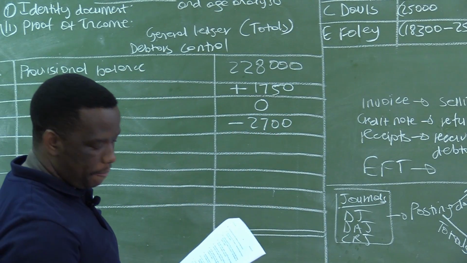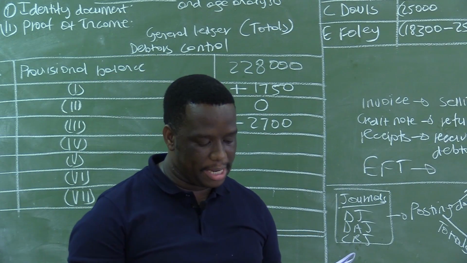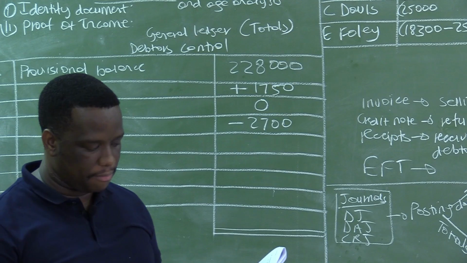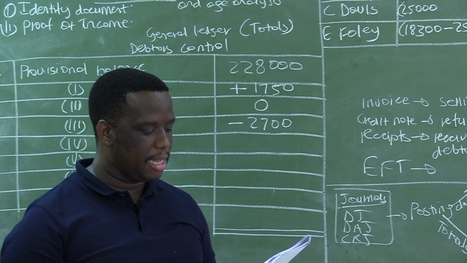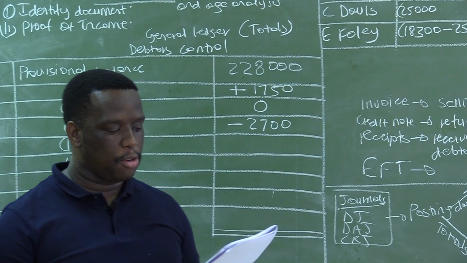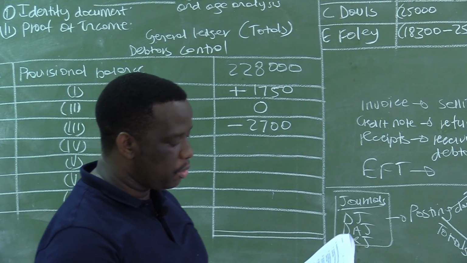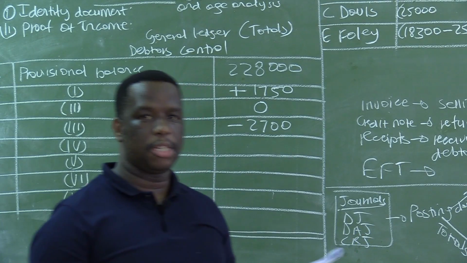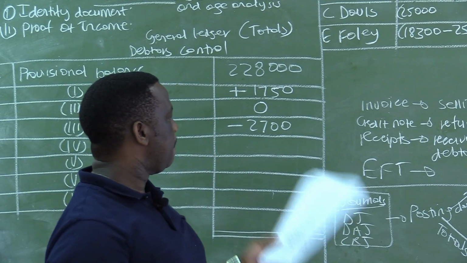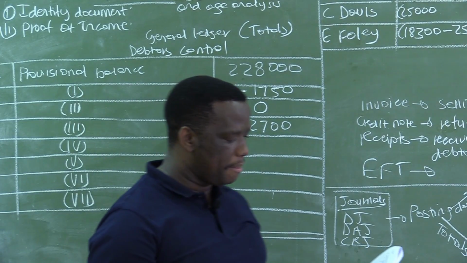We recorded 65,200 instead of 62,500, because the transaction is telling us that the total of the debtor's journal, 62,500, was incorrectly recorded as 65,200. So the difference between 62,500 and 65,200 is 2,700, so we need to subtract 2,700. All right, number 4.